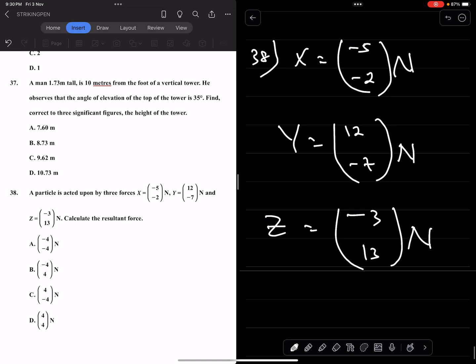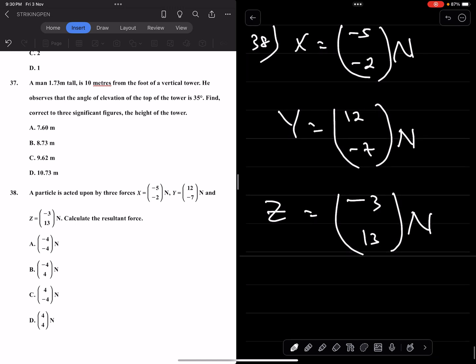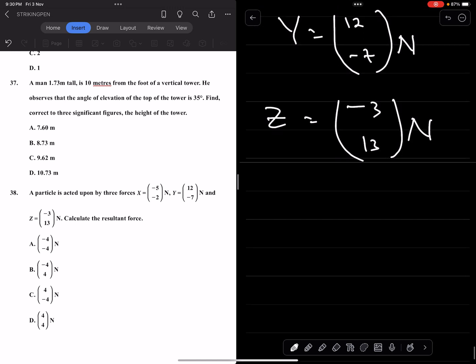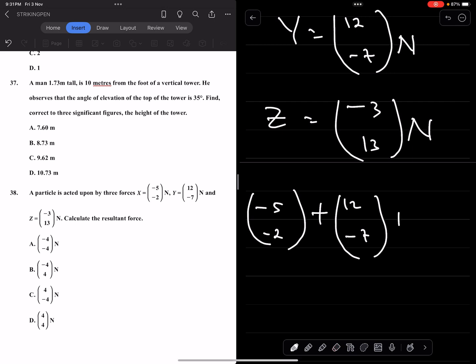Okay, the resultant force is simply the sum of all of the forces, and that's going to be (-5, -2) plus (12, -7) plus (-3, 13).